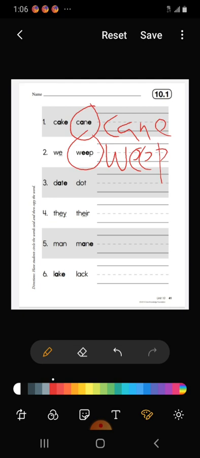But before we do that, let's get the meaning of the 2 words. Date is showing time of happening. Date, knowing the date, just as we write our date on the board.